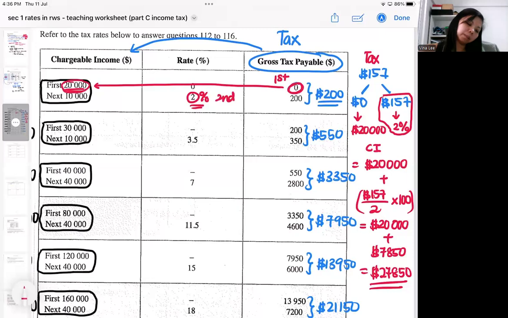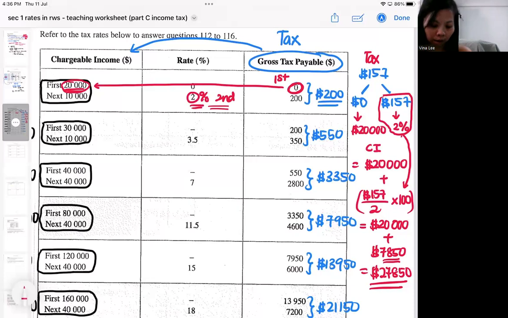The 157 is plainly from the 2%, so 2% of the second basket. I'm going to use this to calculate my second basket, and my second basket is actually a chargeable income of 7,850. So I managed to guess that his chargeable income is 27,850.